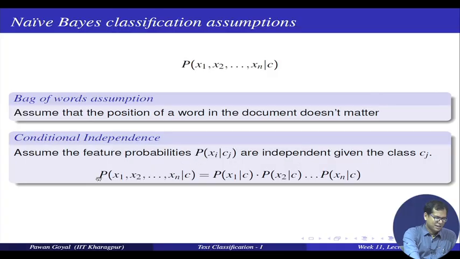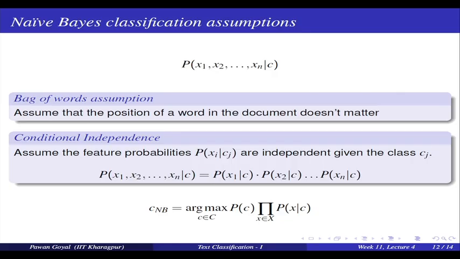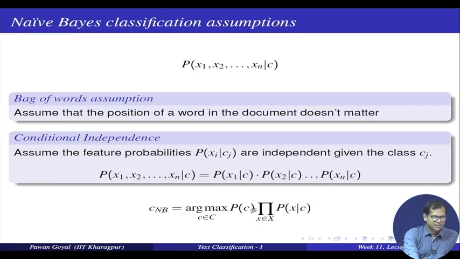So I can write probability x1 to xn given c as probability x1 given c times probability x2 given c up to probability xn given c. Now I have a very simplified model: I will take the class that gives the maximum, the argmax over P(c) times P(x given c), where the x are all my different words.